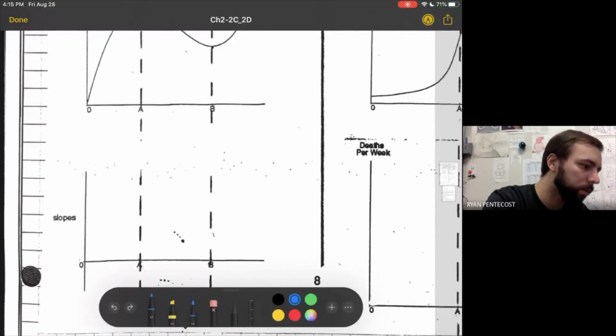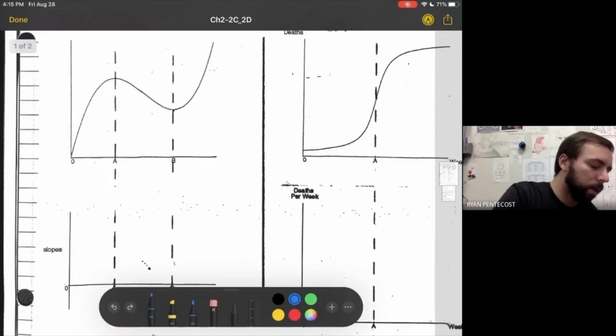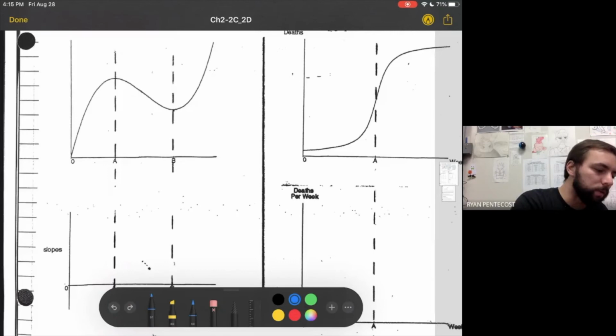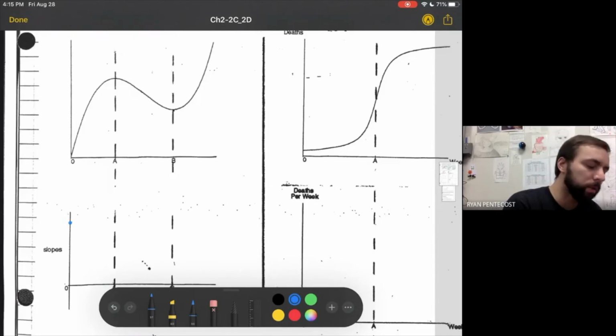How can I get to see there? I'll just zoom out. Okay. So we have a slope that starts really high, and at this dotted line, the slope reaches 0. It looks like something might be changing direction or something, depending on if this is velocity, position, acceleration.